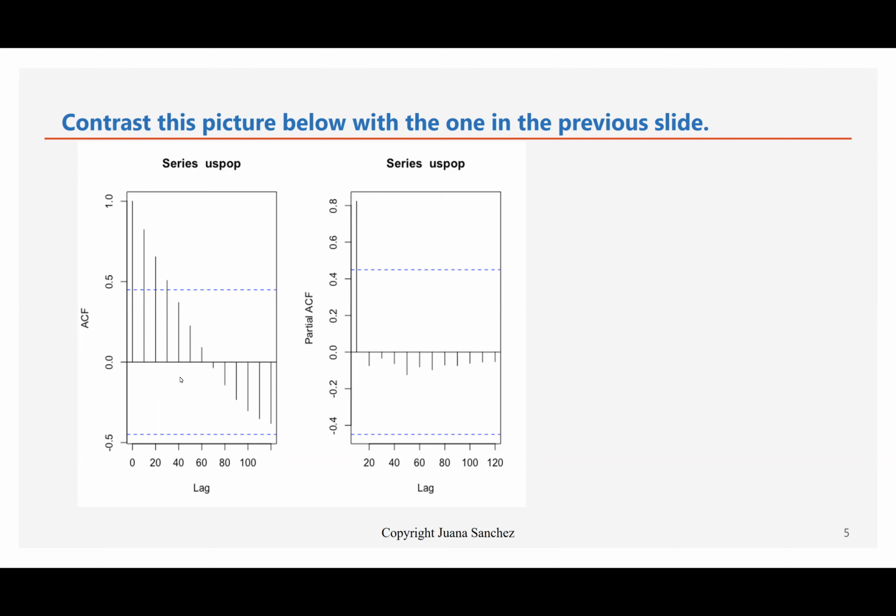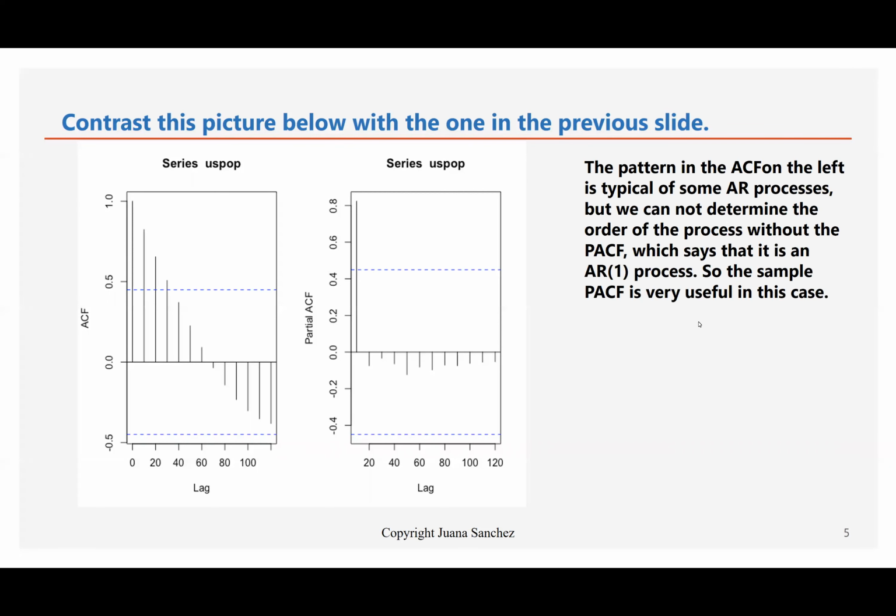So in this case, we will say that this US population follows an AR process of order 1. And we didn't transform or anything like that. The pattern in the ACF, as I say, is typical of some AR processes.